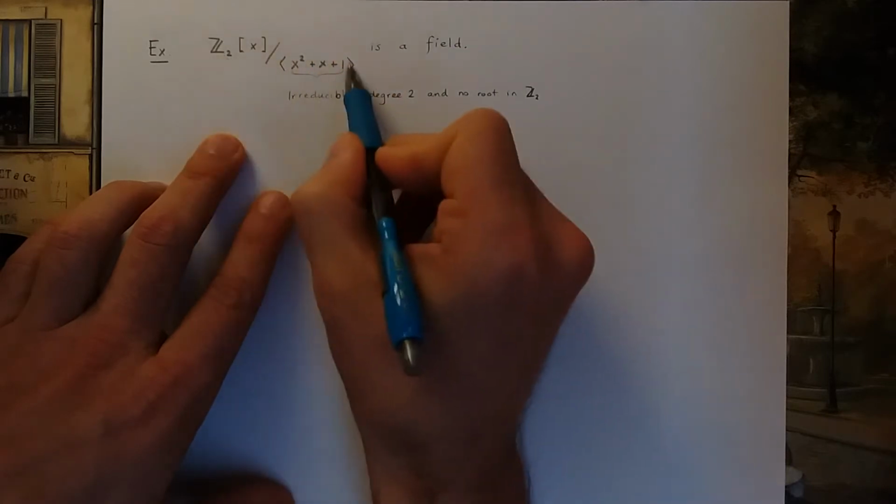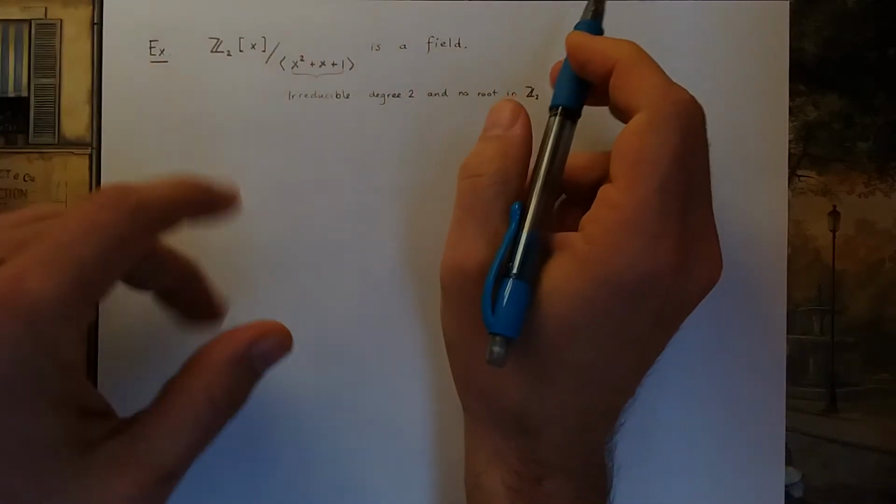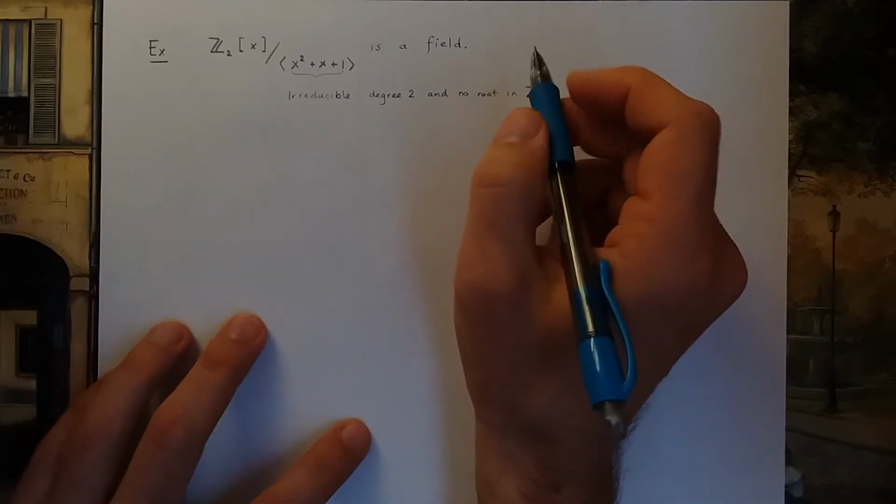So here's an example of a field, and I want to write down what elements in this field look like.